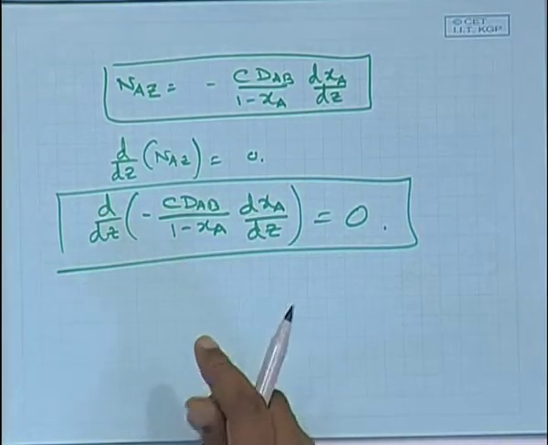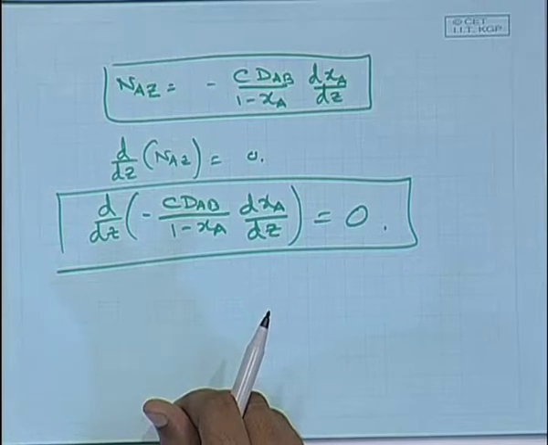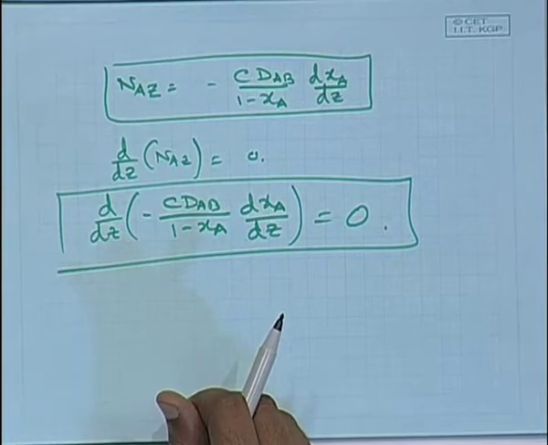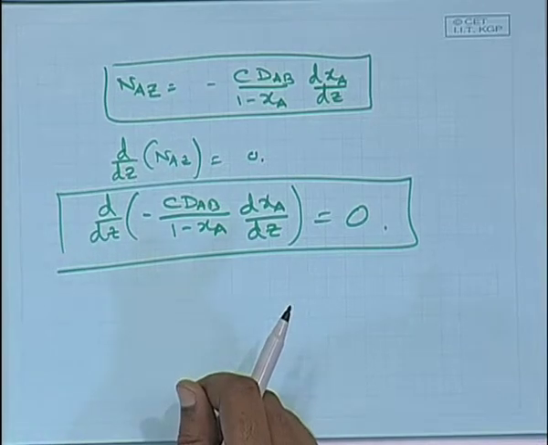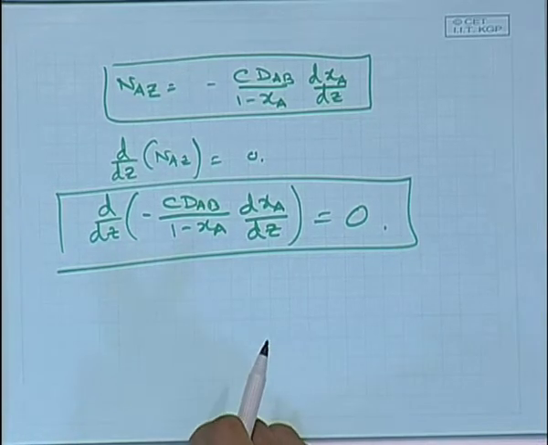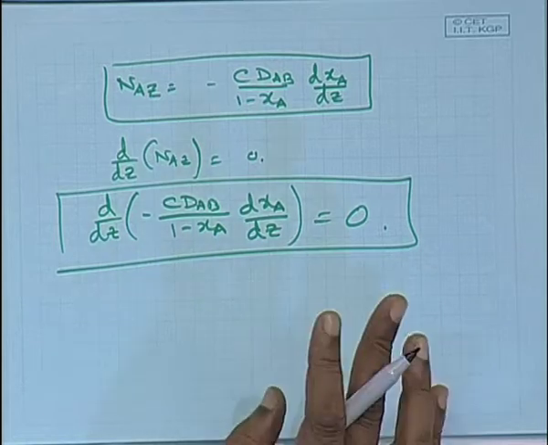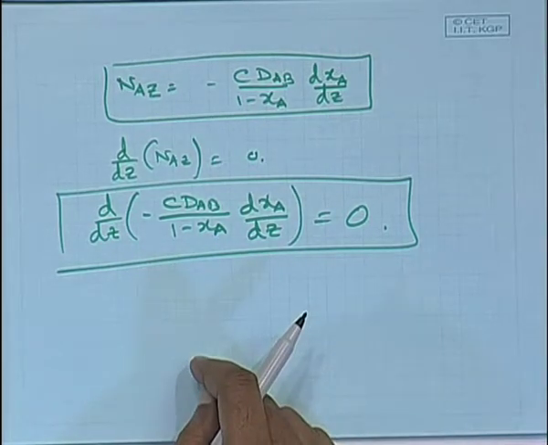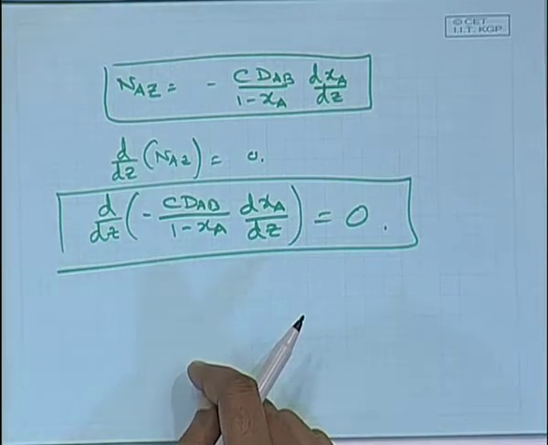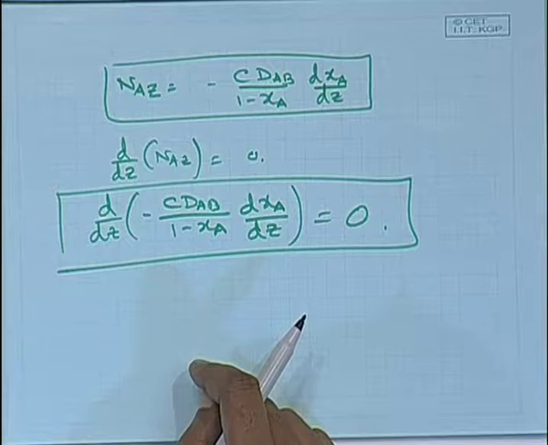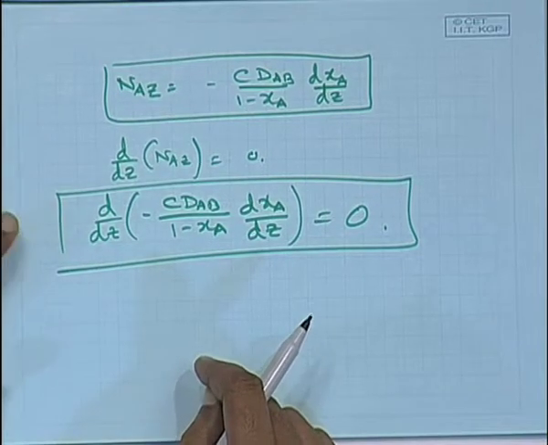I have to integrate it twice, use two boundary conditions, and I should be able to find out my distribution of XA as a function of Z. So, once you have the distribution of XA as a function of Z, that's what you wanted to do, the concentration distribution inside the tube as a function of position.